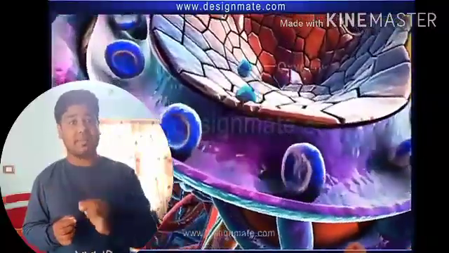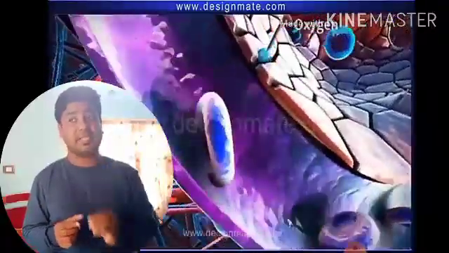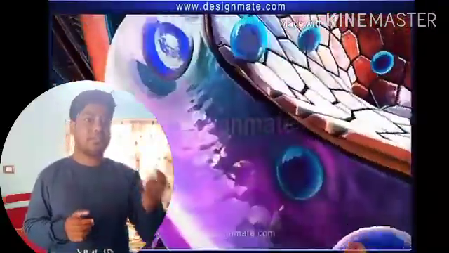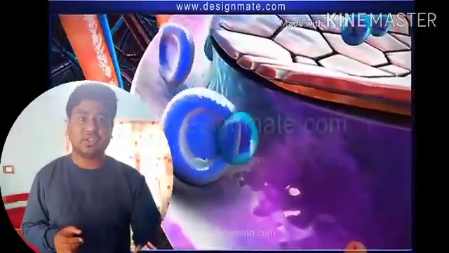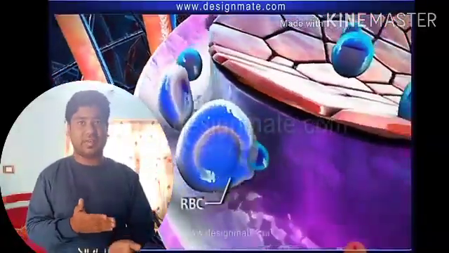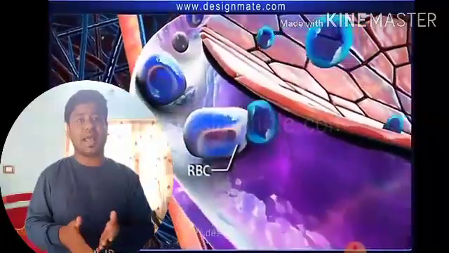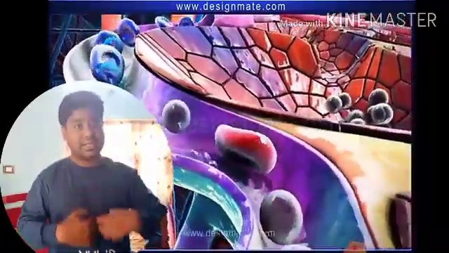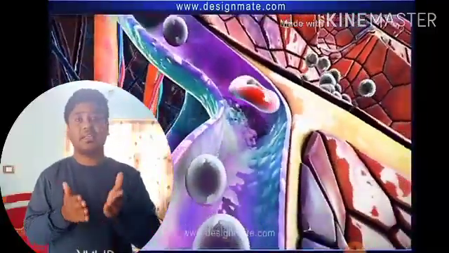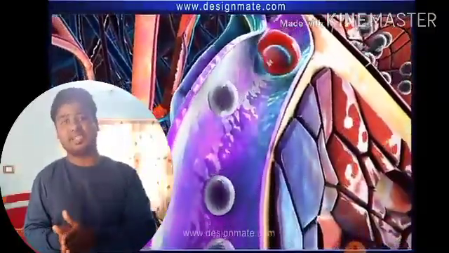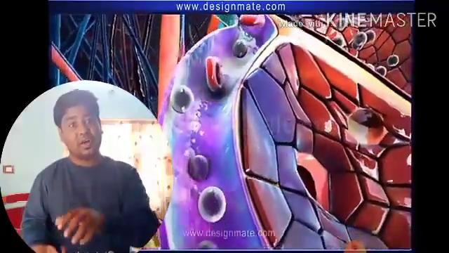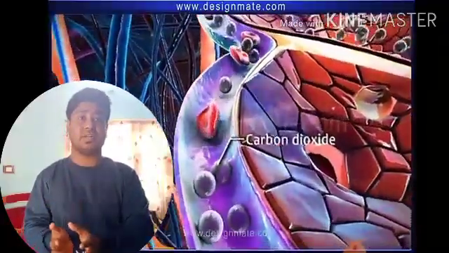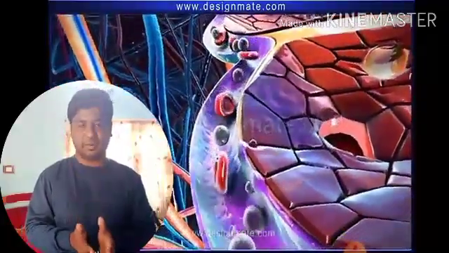The carbon dioxide from the RBCs comes out of the capillaries into the alveoli. In return, the oxygen which entered through inhalation into the alveoli gets into the RBCs, where deoxygenated blood gets converted to oxygenated blood.